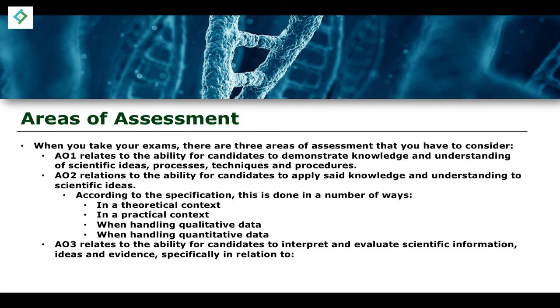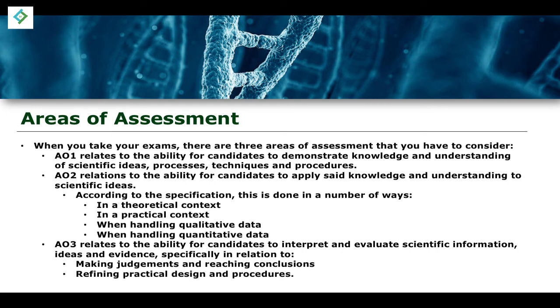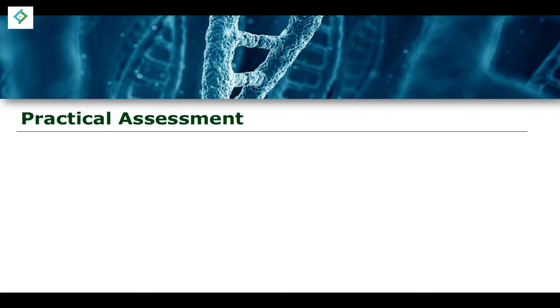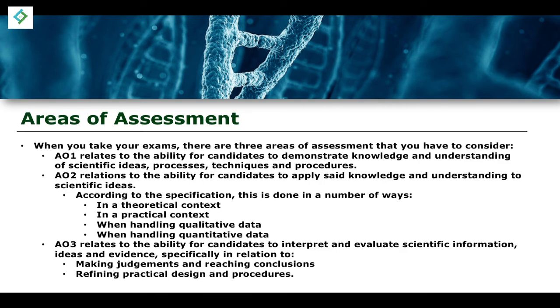Finally, AO3 relates to the ability for candidates to interpret as well as to evaluate scientific information, to evaluate scientific ideas and evidence, specifically in relation to the making of judgments and reaching conclusions on certain questions, as well as to refine practical design and procedures. So those are the things that you're going to be assessed on.